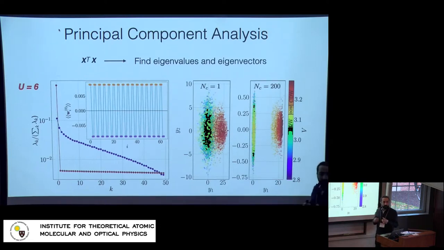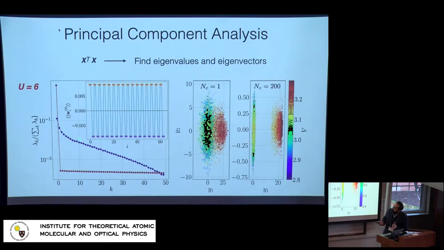What essentially this does is that the eigenvector corresponding to the largest eigenvalue is going to tell you the linear combination that you can form with your original data to get the largest variance in your data.